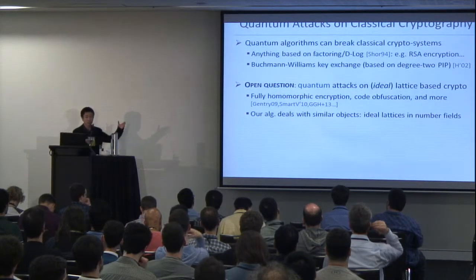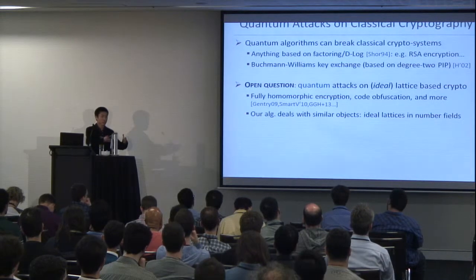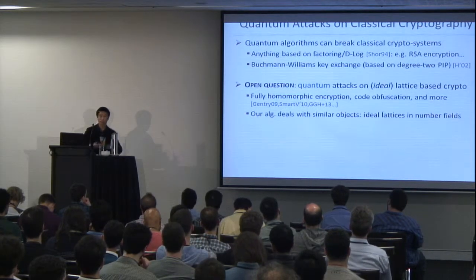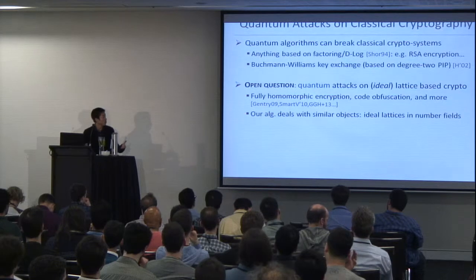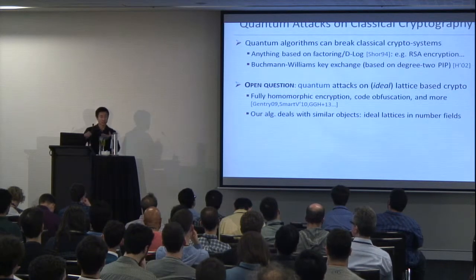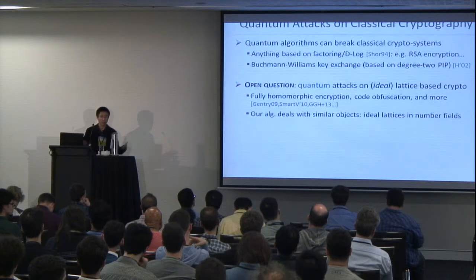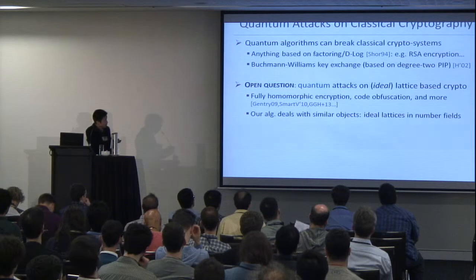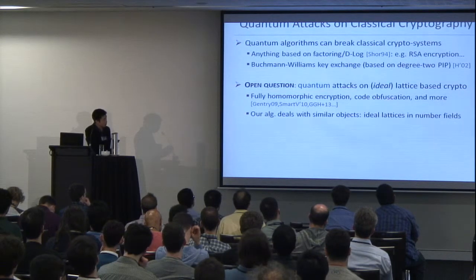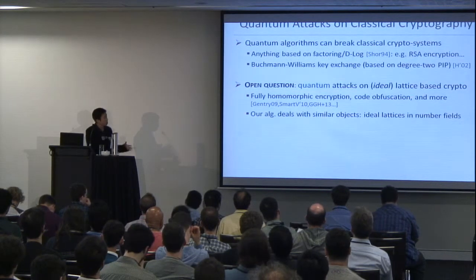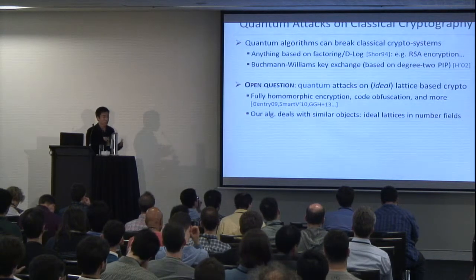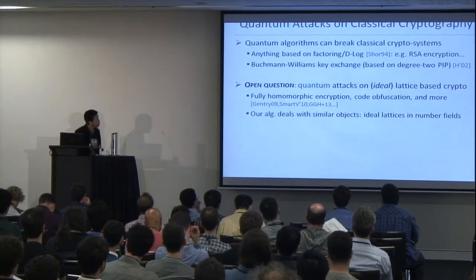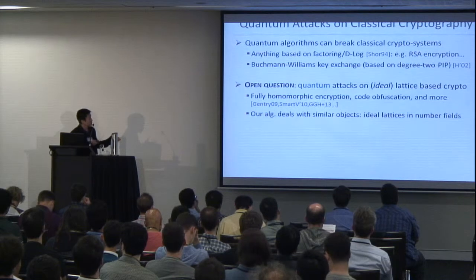These are encryption schemes where you can directly do computation on the ciphertext without decrypting them. And you can use this to protect privacy of users against big clouds like Google or Amazon. And also, ideal lattices are used to construct code obfuscation schemes, which have many applications like software protection. So this is one reason.